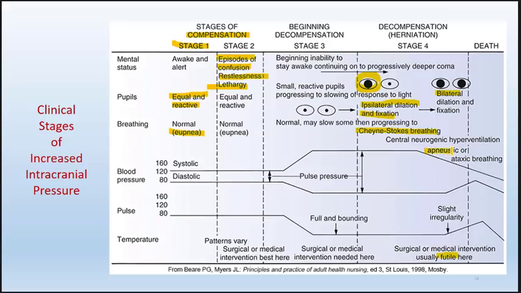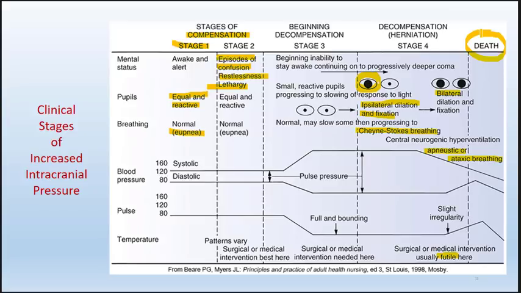Apneustic breathing. Apneustic respiration is also an abnormal pattern of breathing, of course, but it's characterized by deep gasping inspirations. And then these individuals will have a pause at full inspiration, followed by a brief and insufficient release. And then ataxic breathing, and at this point we're approaching death in these individuals. Ataxic breathing is characterized by complete irregularity of breathing.